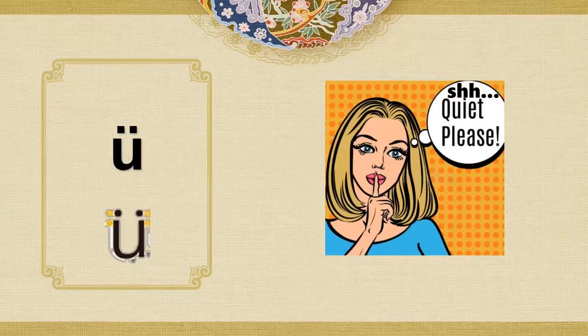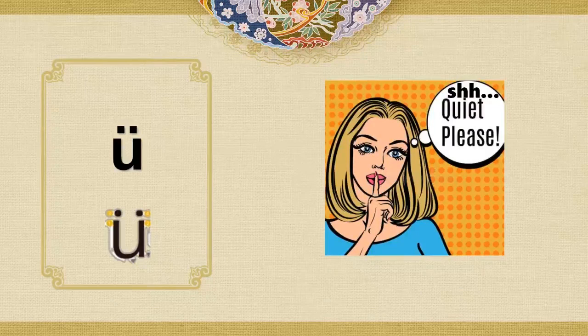What should the round shape look like? Look at the picture. This woman, when we are in the library or hospital and want people to be quieter, you will do like her, right? So you do it, then copy and listen to my voice.